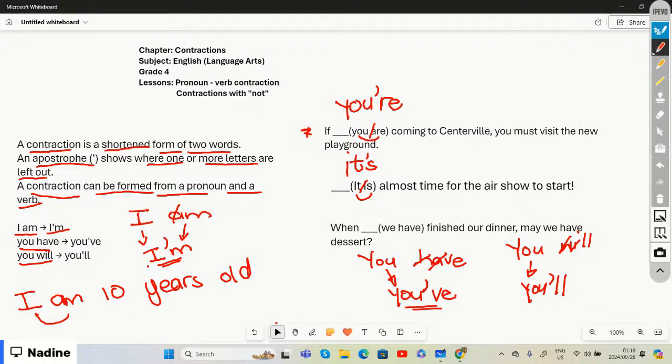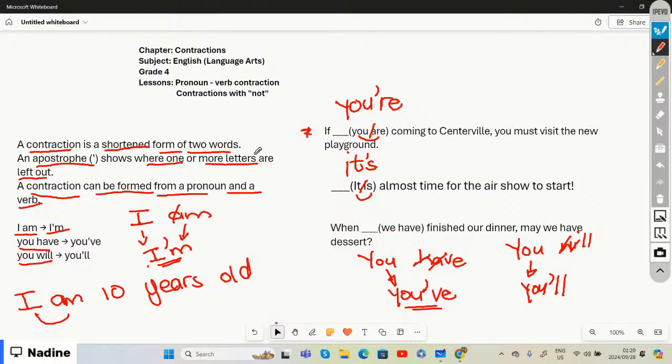And then the next one says, when we have finished our dinner, may we have dessert. So when we have finished our dinner, may we have dessert.